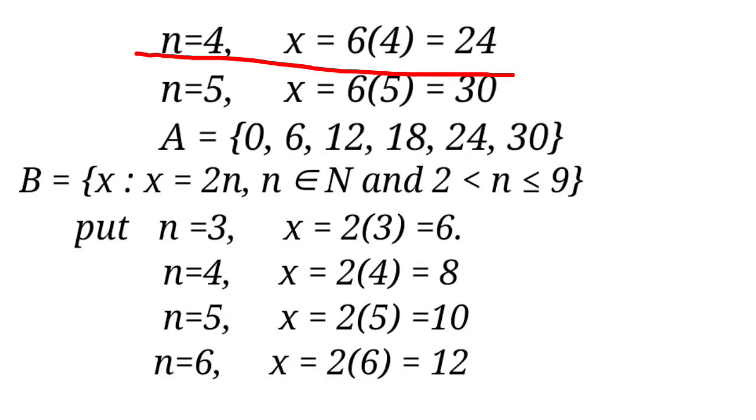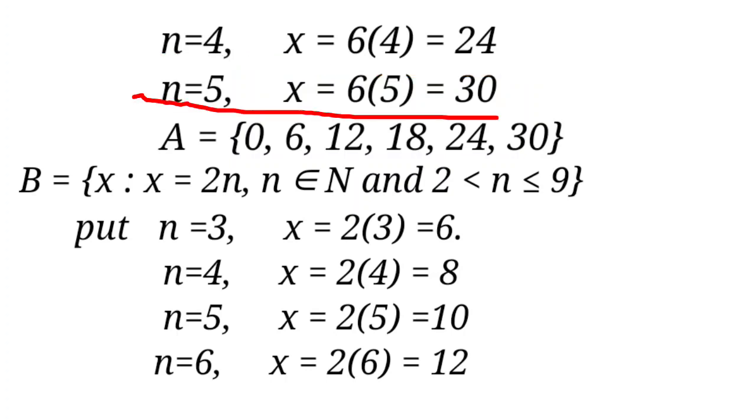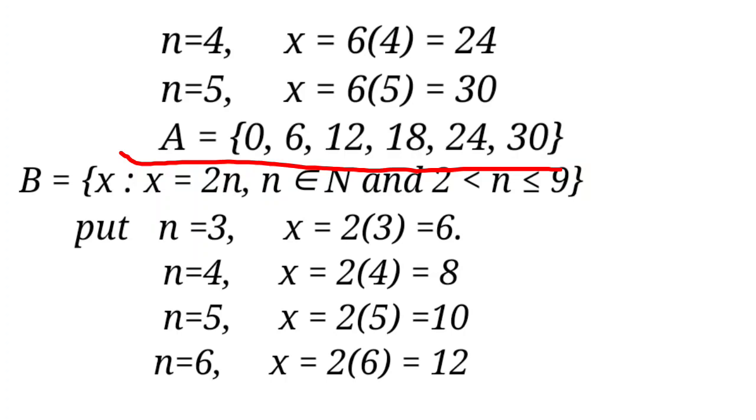Put n is equal to 4, x is 6 into 4, we get 24. Put n is equal to 5, x is 6 into 5, 30. n is equal to 5 is enough, given the condition n belongs to W and n less than 6. Therefore A is equal to {0, 6, 12, 18, 24, 30}.